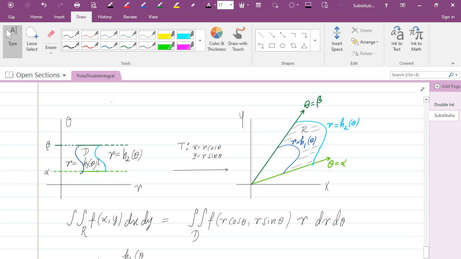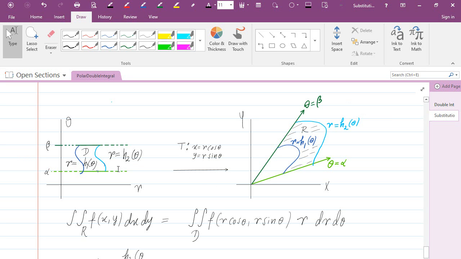Again, when we are drawing h1, h2, we are drawing them as rectangular equations in the r theta plane. Now T maps that D onto this region R, and this is a polar region bounded by the ray theta equal to alpha, the ray theta equal to beta, and the graphs of these two equations, and we are thinking of them as polar equations. So they are drawn as polar equations in the xy plane.